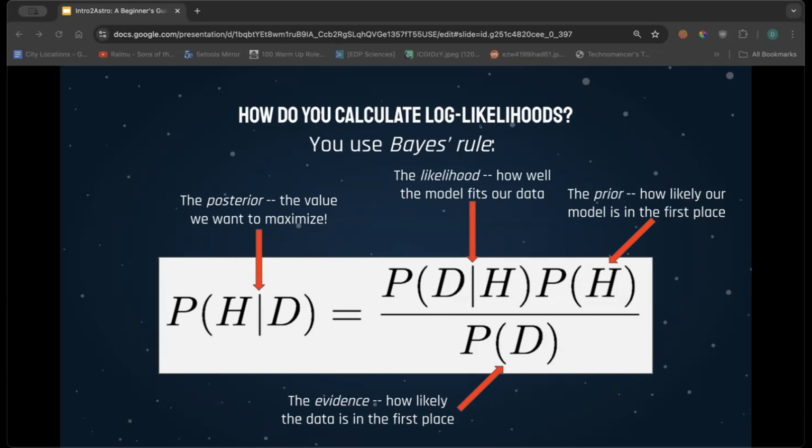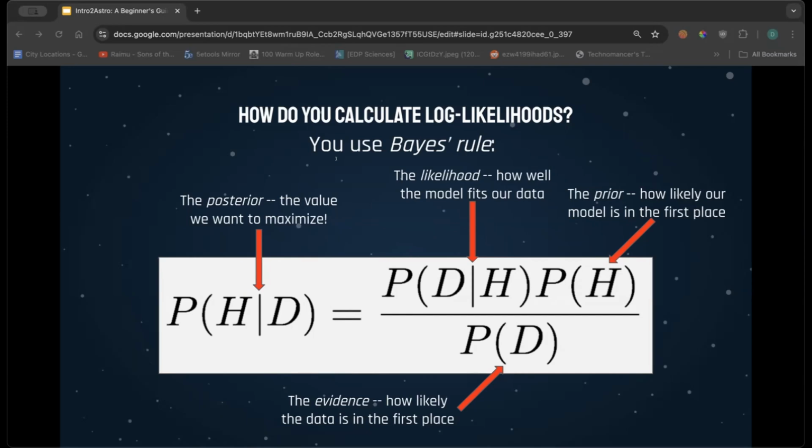The other values here are all values that we can calculate to get our posterior. So first off is the probability of our data being correct, given the fact that our model is correct. This is what's called the likelihood. The likelihood essentially tells us how well our data fits our model.